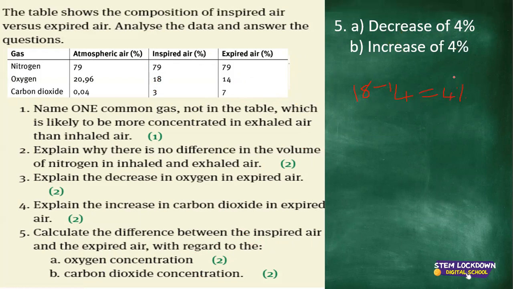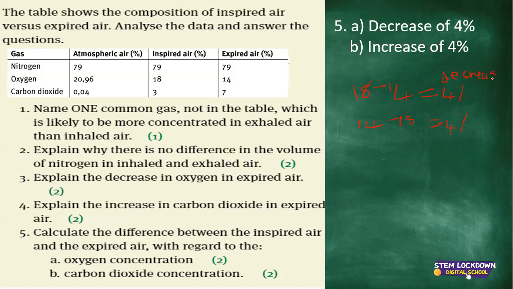You could also do it in reverse, 14% minus 18, then your answer would be negative 4%. That is still explaining the same thing. So here you'll be clear that it is a decrease, or you will just state the negative 4%.